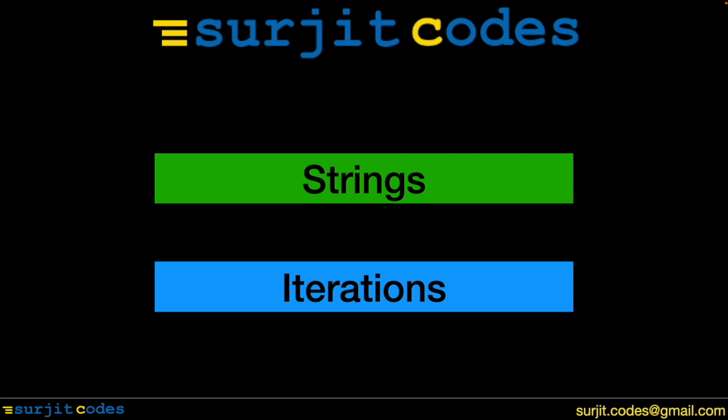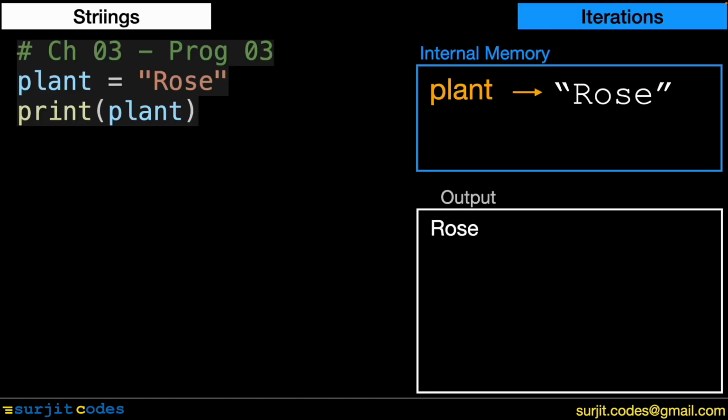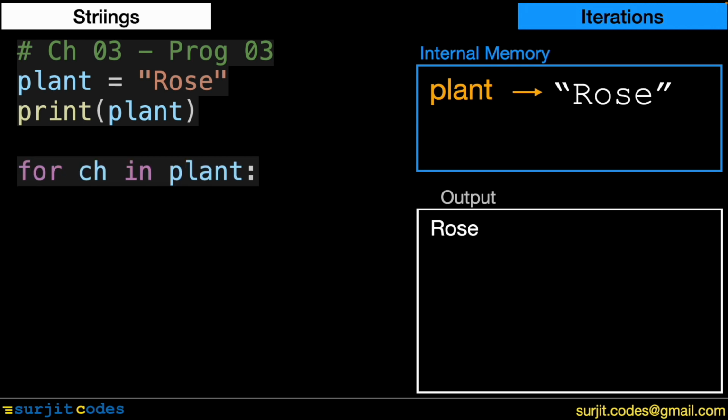Like lists, strings are also iterable, which means that we can process the characters of a string one by one. Consider a variable plant which has rows as a string. We will iterate over the characters of this string one by one. We have learnt about the syntax of for statements in lists.